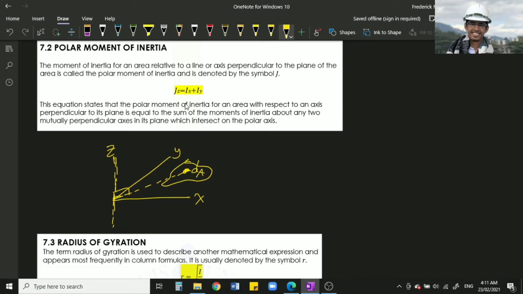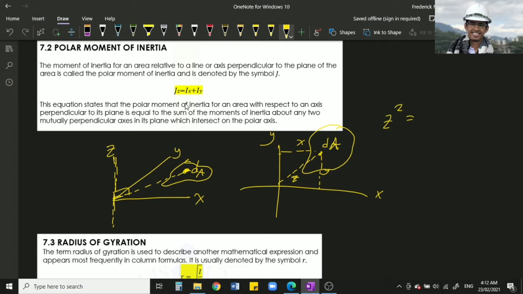Kapag naka-top view tayo, ito yung dA natin, x and y axis tayo. Ito yung magiging y natin and this will be our x. And let's call this z. So yung z squared, Pythagorean theorem lang, will be x squared plus y squared.